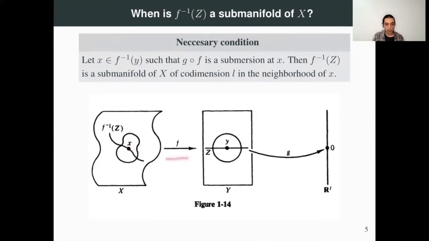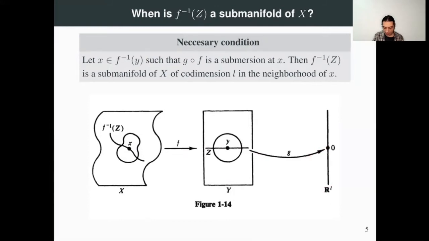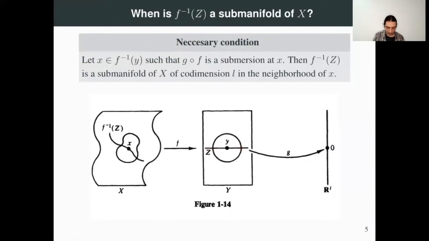Here we have our map F, and there we have the submanifold C of Y. And what we consider here is a submersion G that sends Y to R^L and C is sent to 0. And so the points that are sent by F to C are the points that are sent by the composition to 0.